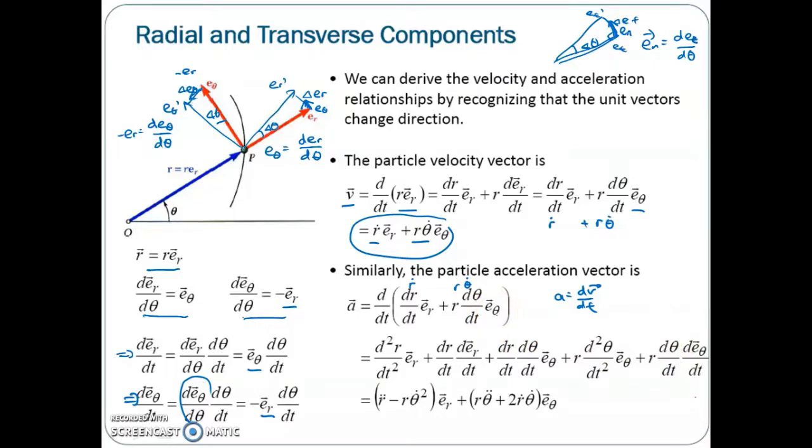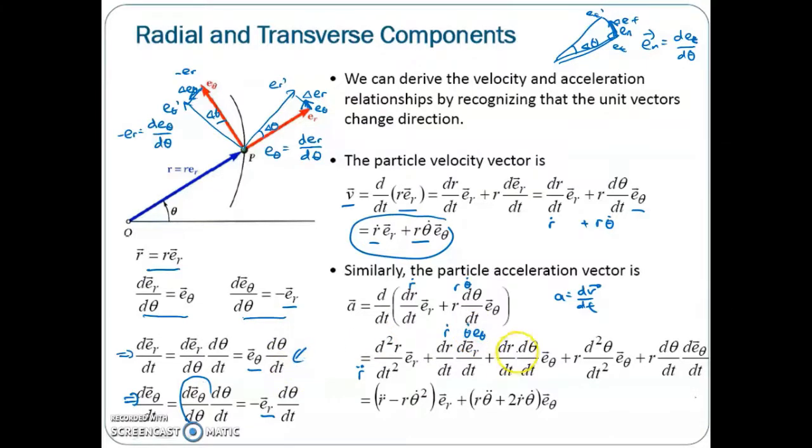All these can be further substituted, where d2r dt squared is our r double dot, right? Then we have our dr dt is our r dot. de_r dt is what we have here, theta dot e_theta, from here.